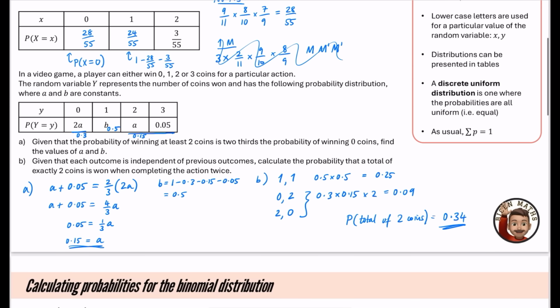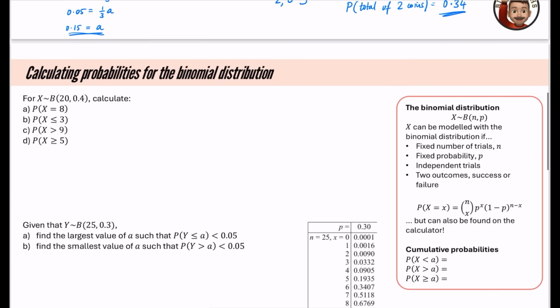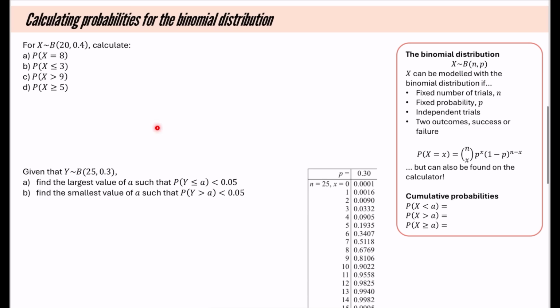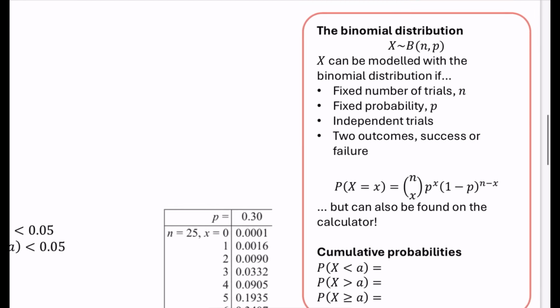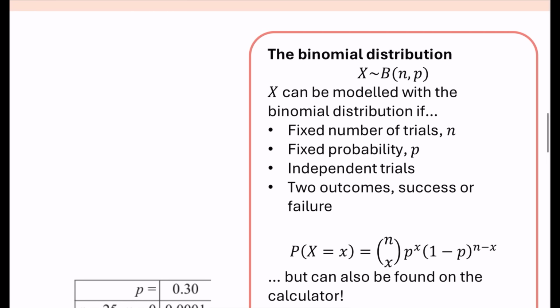Okay. So now we move on to a very particular type of distribution, which is a binomial distribution. Now we're going to do some kind of abstract stuff here, and then we'll move on to a worded question in the next part. But hopefully you remember what the binomial distribution is. We write it like this, that x is distributed as the binomial distribution where we have n trials and a probability of p here.